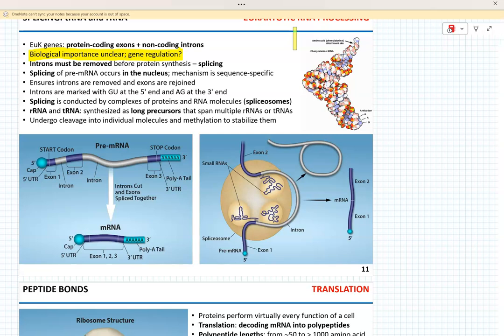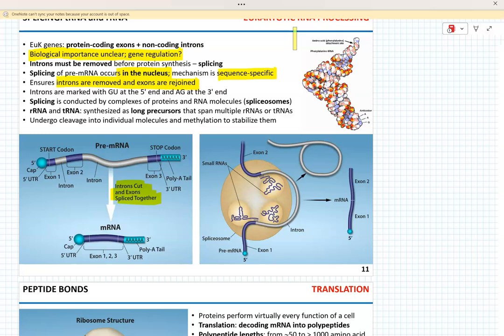Splicing, the removal of introns and stitching back exons, occurs in the nucleus and is extremely sequence specific. The specificity ensures that the introns are properly removed and the exons are joined back together.